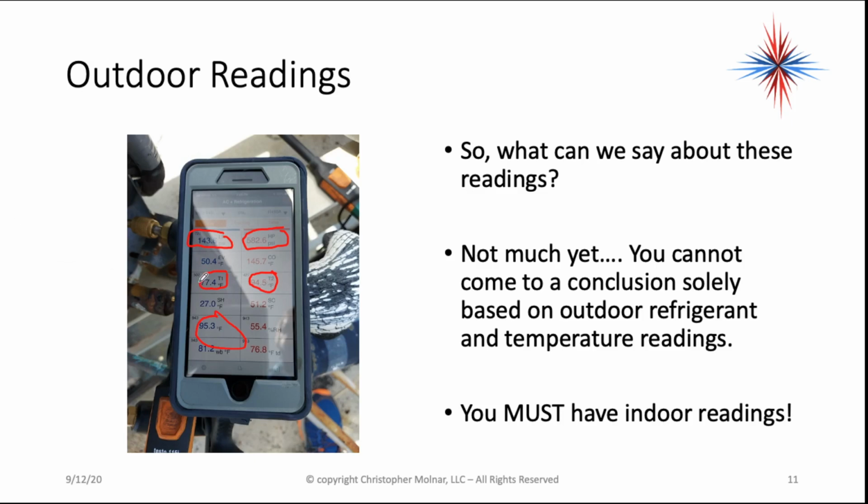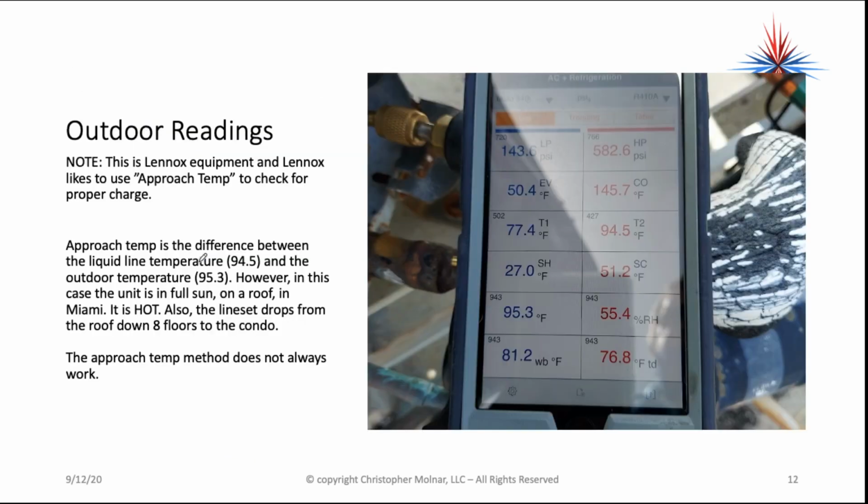So I'm going to have a high suction line temperature, even if everything is working properly. I do have a slightly high evaporator temperature. It's at 50.4, but there may be more reasons to that. Now, the one thing we can look at is the approach temp. Lennox equipment likes to use approach temp to check for proper charge.